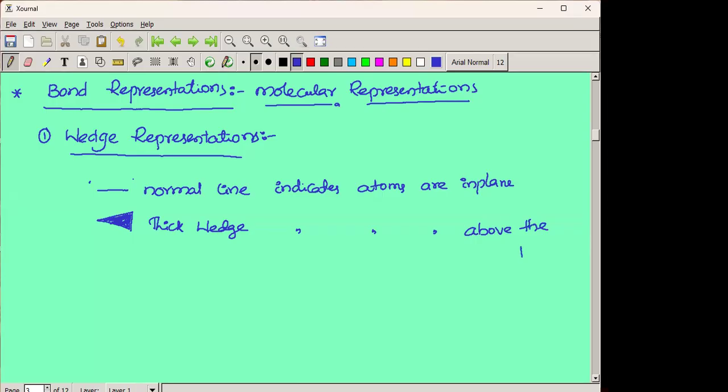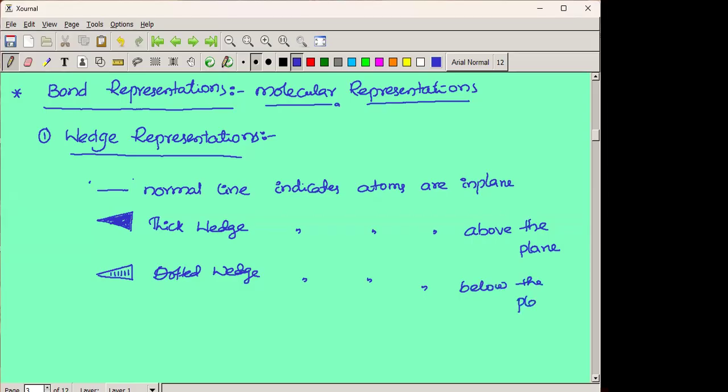If we represent the bonds with a dotted line or dotted wedge, then the atoms are present below the plane.